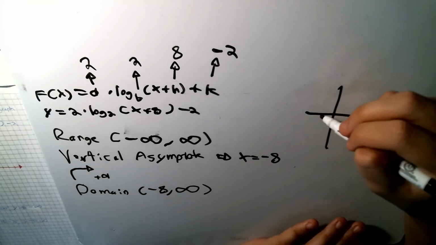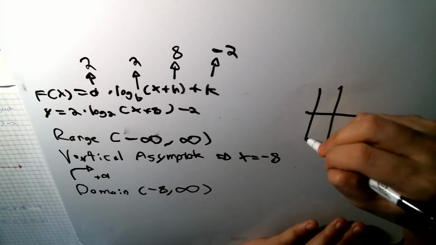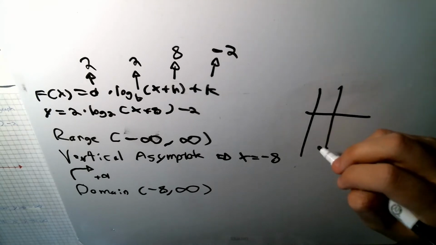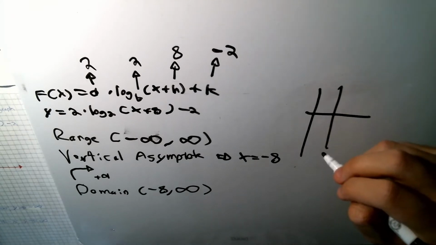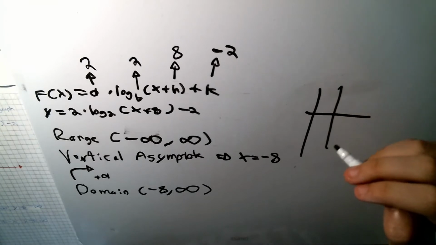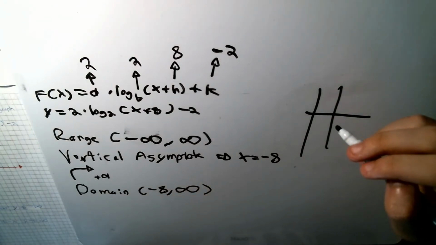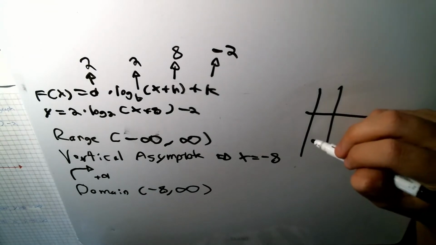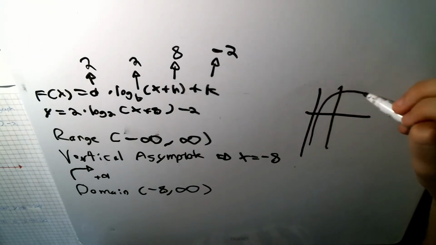Let's say here is minus 8. This is the asymptote. The graph never touches this, and it has this shape because a is positive, so it will go like this.